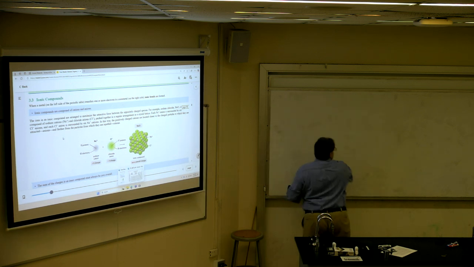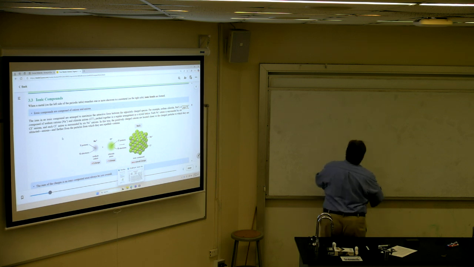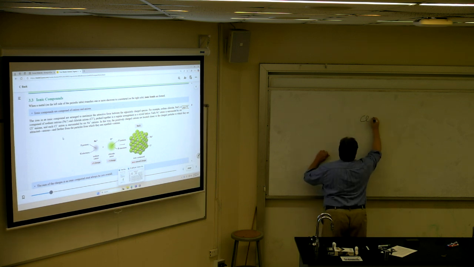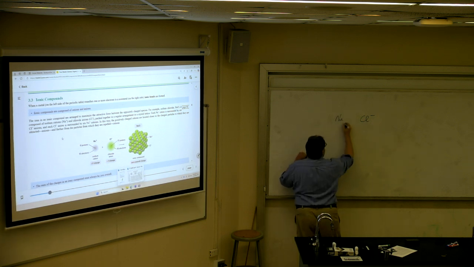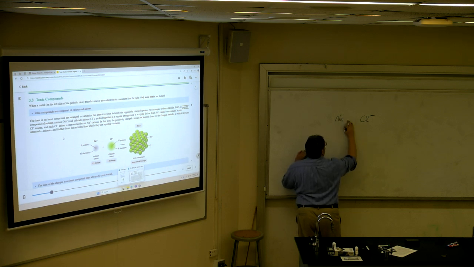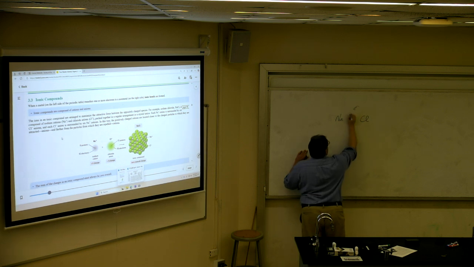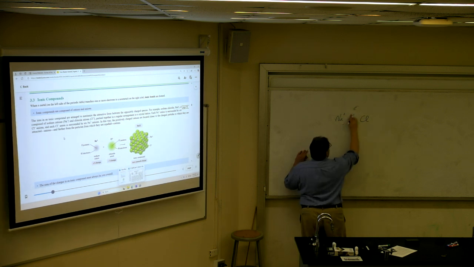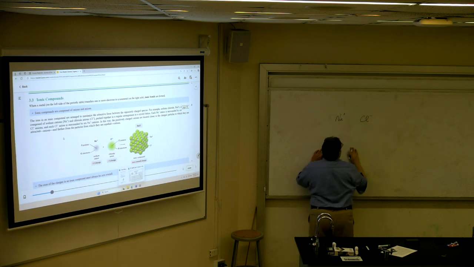Chlorine gains an electron and becomes 1 negative, chloride. Sodium, Na, loses an electron as positive. You can picture it this way. You can picture a neutral sodium atom losing an electron, thereby becoming positive, and then that electron joins the Cl, making it negative.